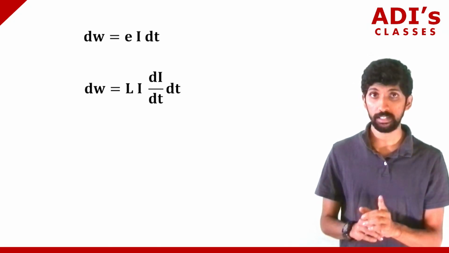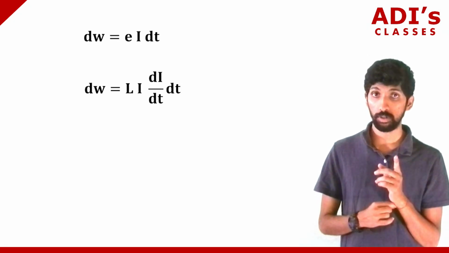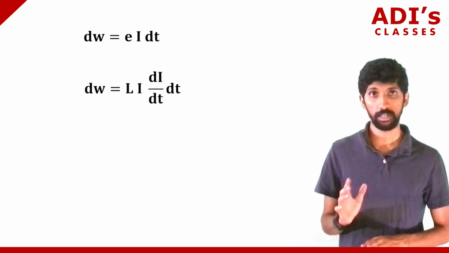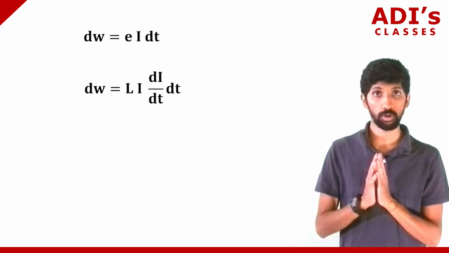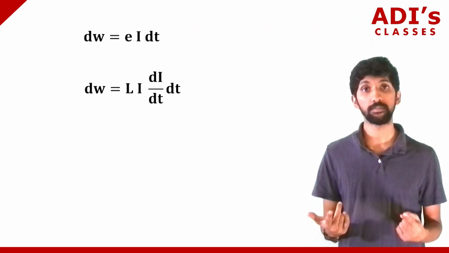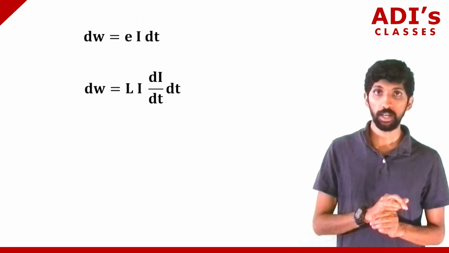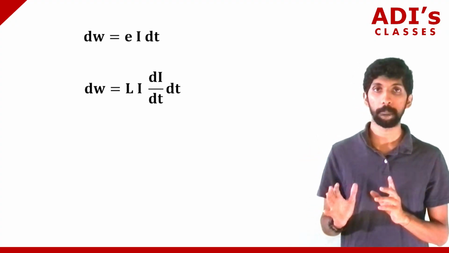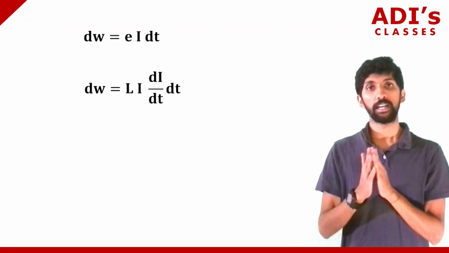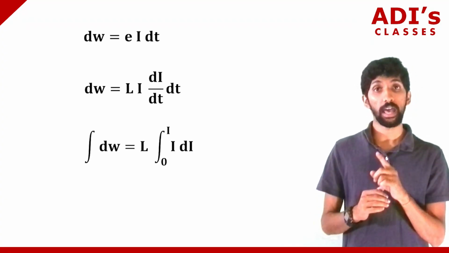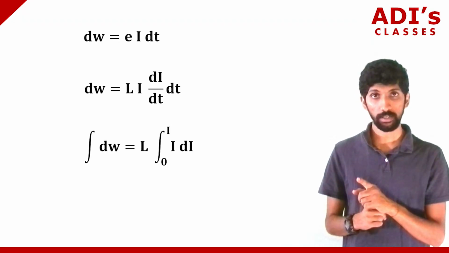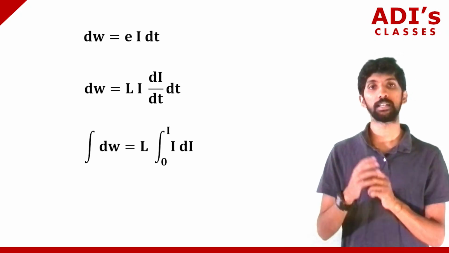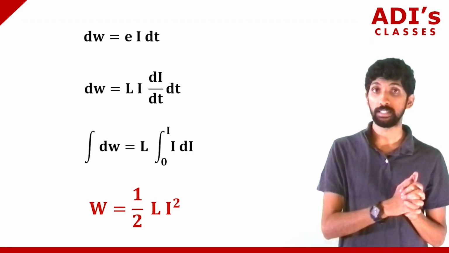When you integrate, dt gets cancelled, and di is the only thing that remains, meaning you are integrating with respect to I, the current. The current starts from 0 and reaches a maximum of I. So the integral of dW is equal to L times the integral from 0 to I of i di. If you integrate this, you get W is equal to half L I square.